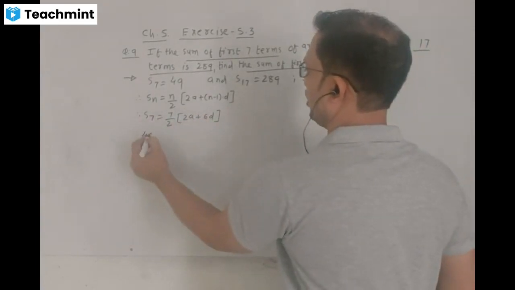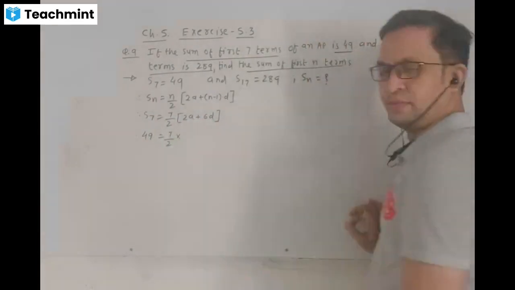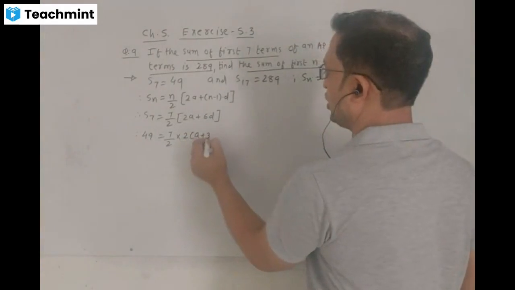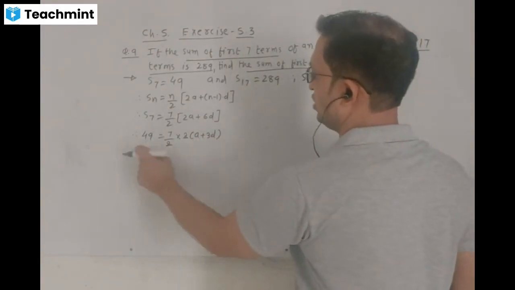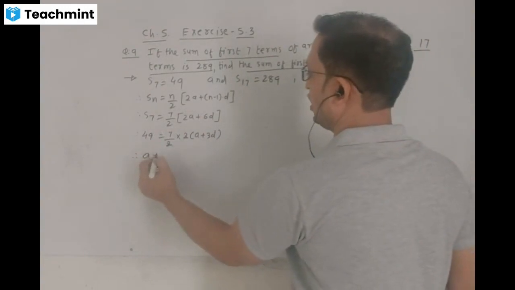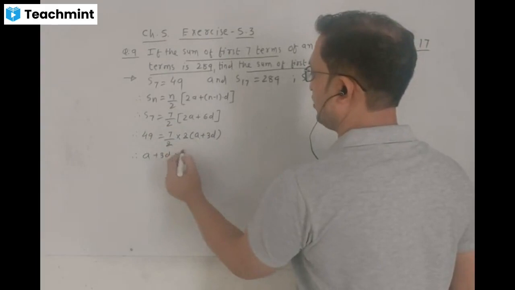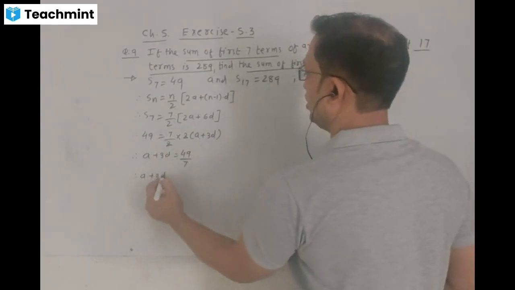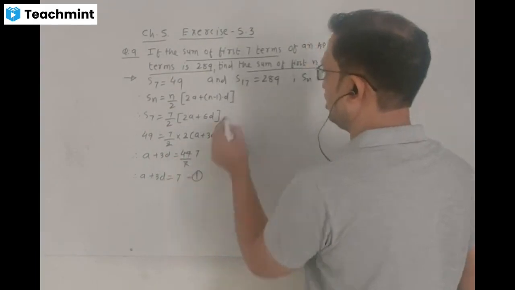S7 value is 49, that is equal to 7 by 2, 2 is common, into bracket a plus 3d. 2, 2 cancel, and 7 is in division form. Therefore, a plus 3d is equal to 49 by 7. Therefore, a plus 3d is equal to 7, since 7 sevens are 49. That is the resulting equation 1.